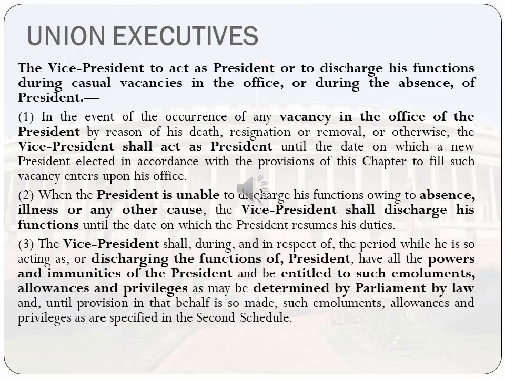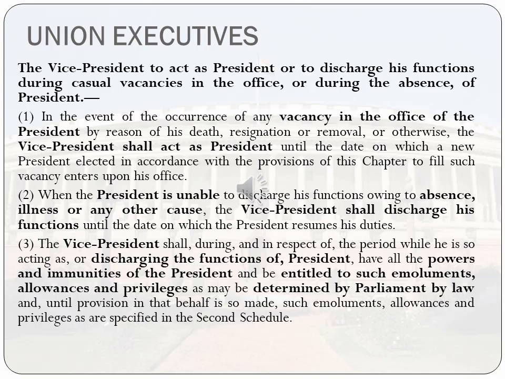And also the Vice President during the period when he is acting as the President and discharging the functions of the President will have all the powers and immunities of the President.